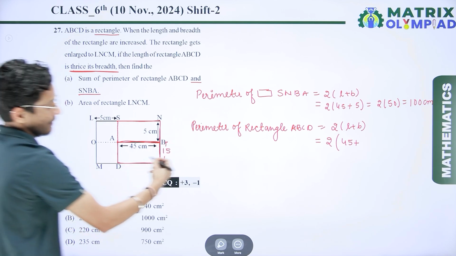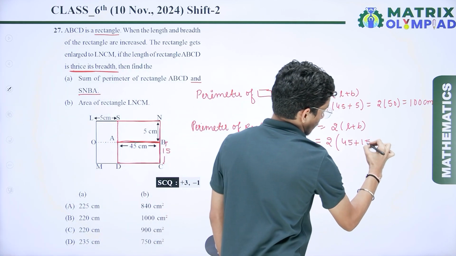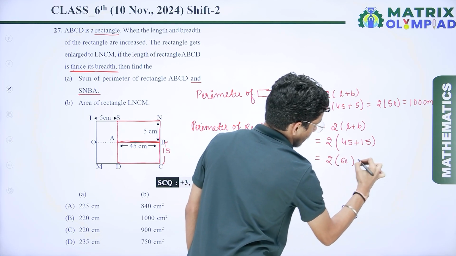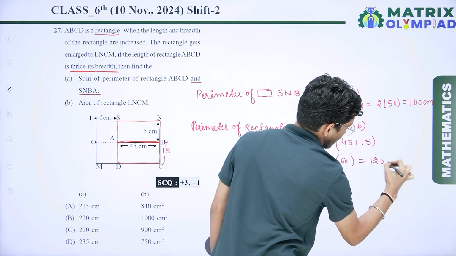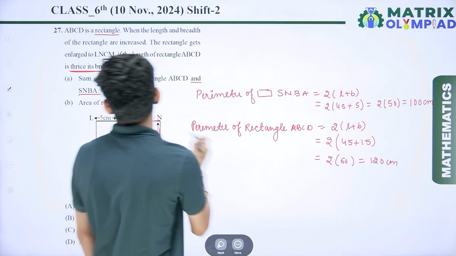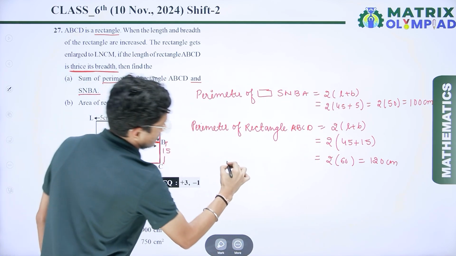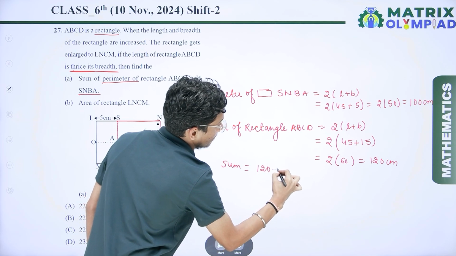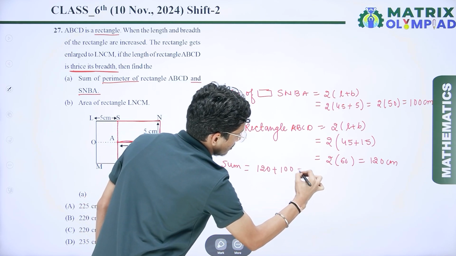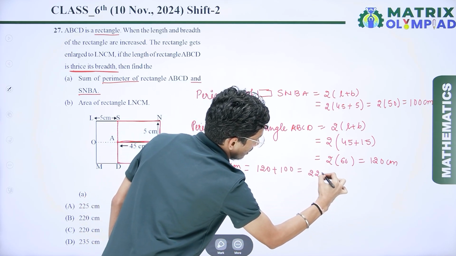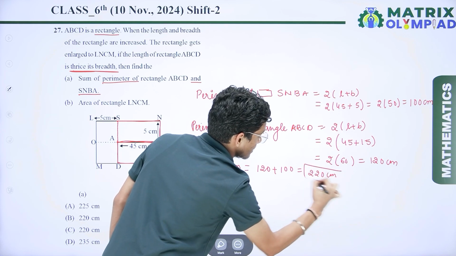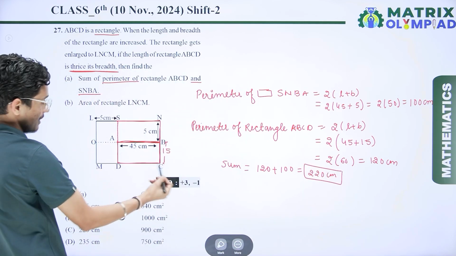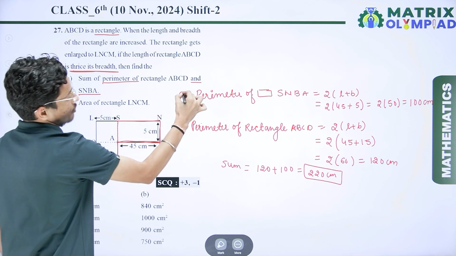So 15 I can write here plus 15, so 2 bracket 60, and we get 120 centimeters. Now for the sum I can say that 120 plus 100 is 220 centimeters. That is the sum of the perimeters of rectangles SNBA and ABCD. Now this is the solution of A.